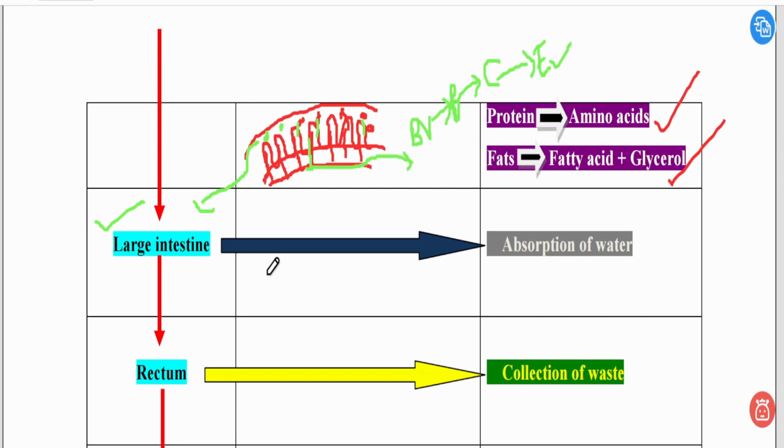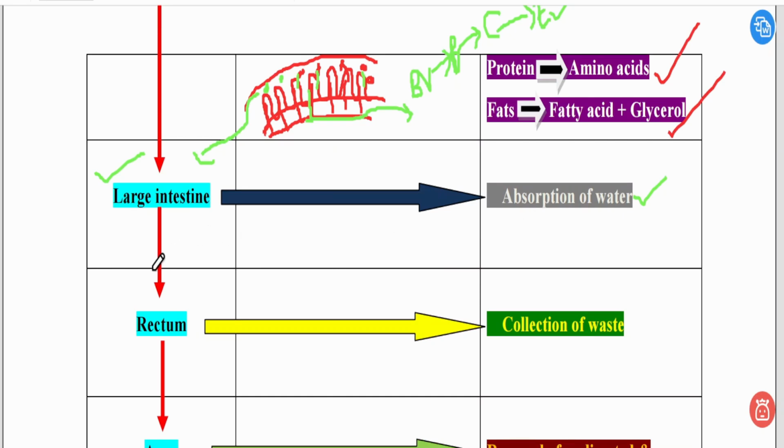The large intestine will see if something is left to be absorbed. Nothing is left, but yes, the large intestine can absorb the water content. So whatever water is left in the unabsorbed or undigested food particles will be absorbed by the large intestine. After absorption of water, the food will be transferred to the rectum.